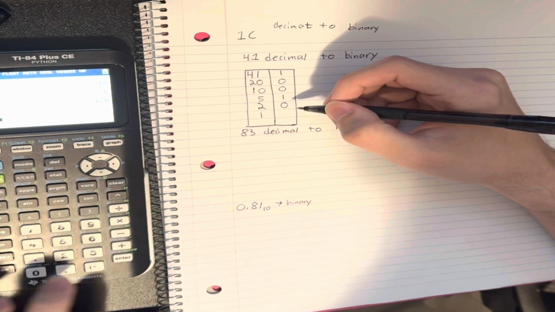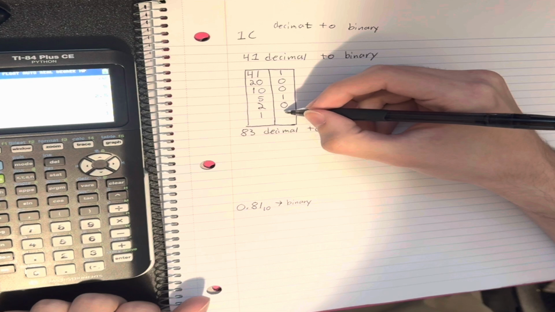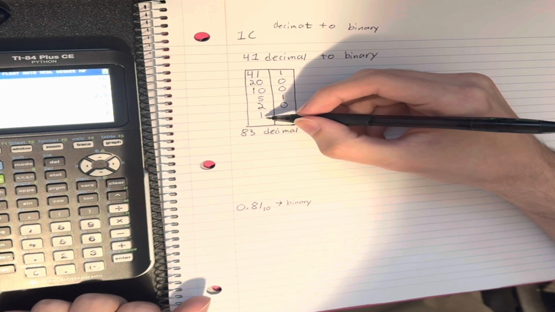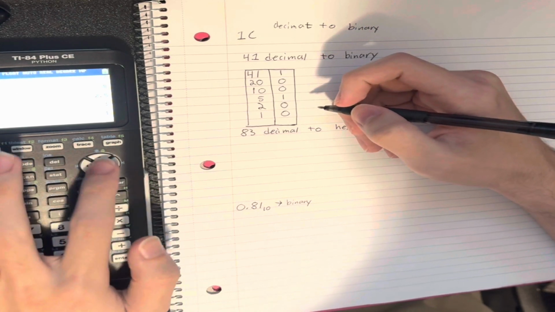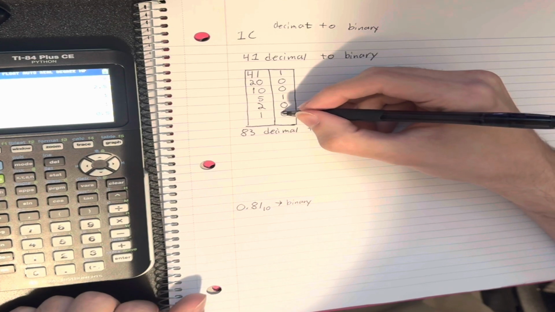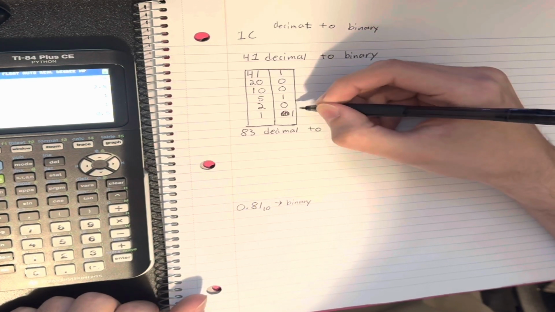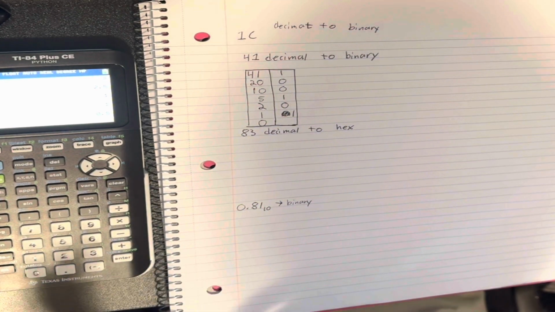And 1 divided by 2 is 0, with a remainder of 1.